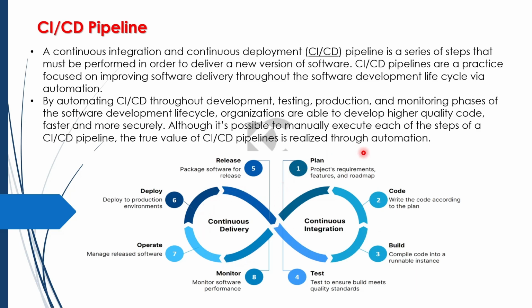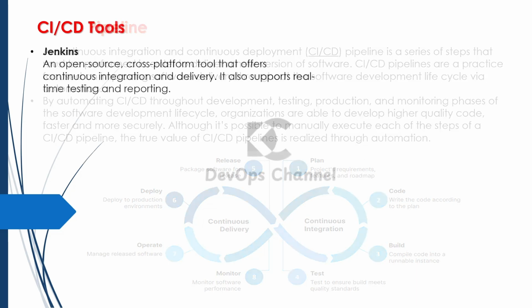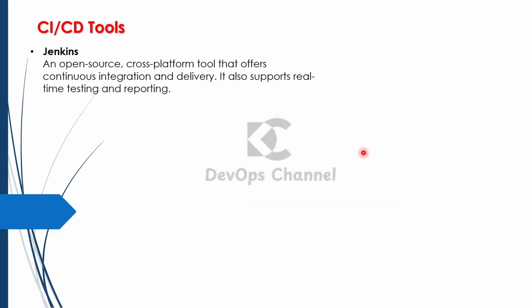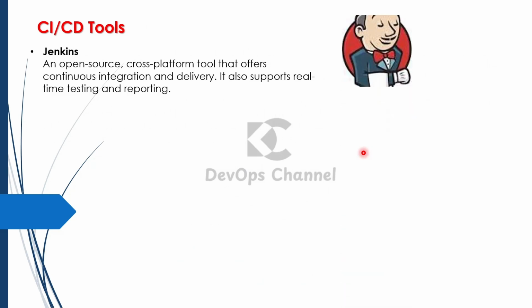Now let's learn about some famous tools used for CI/CD pipelines. The first and most popular is Jenkins. You might have heard about it. Jenkins is an open source and cross-platform tool that offers continuous integration and delivery.